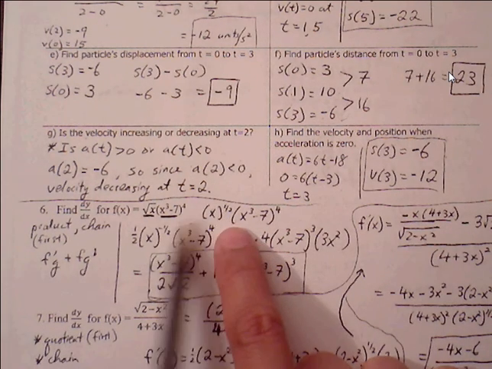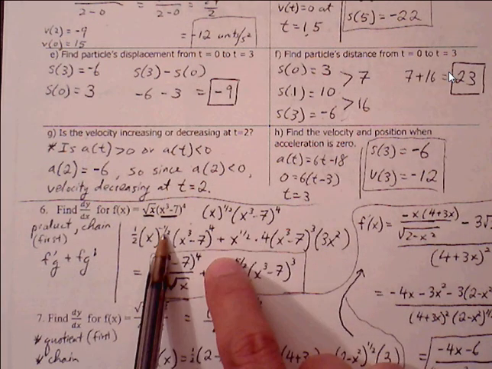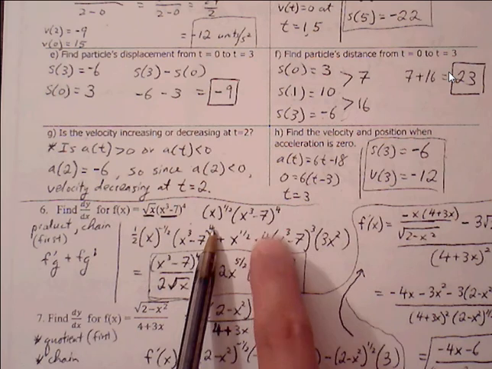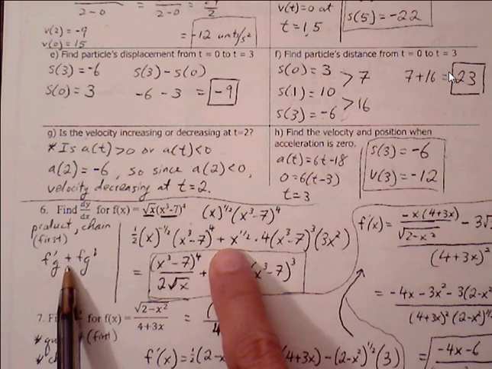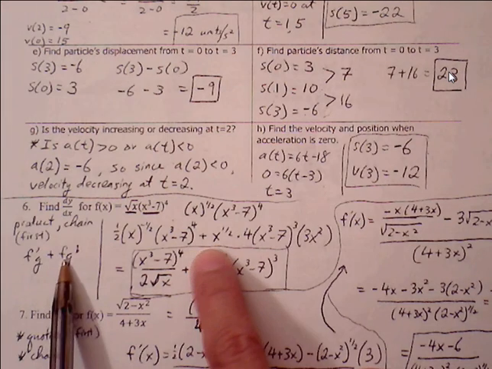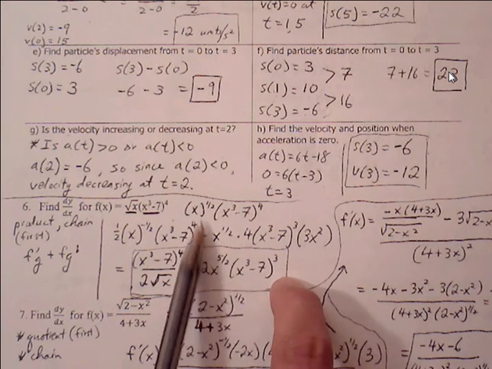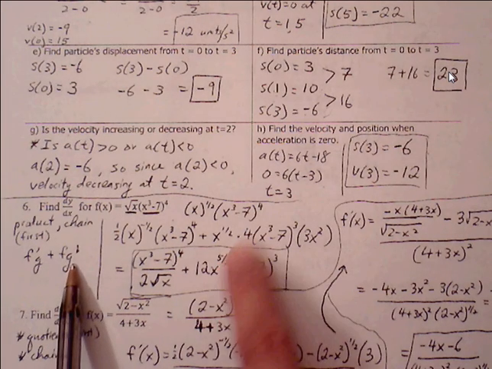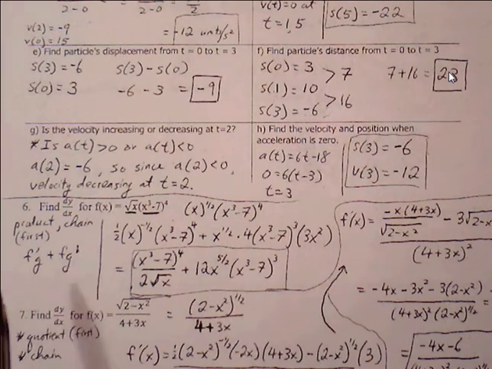We go through power rule, so 1/2 x to the -1/2 times the original g function, so (x cubed minus 7) to the 4th. Plus, we're ready for the second portion of the product rule. F is the original first function, so x to the 1/2 times g prime. So here is where we have to involve chain rule for this portion, (x cubed minus 7) to the 4th.